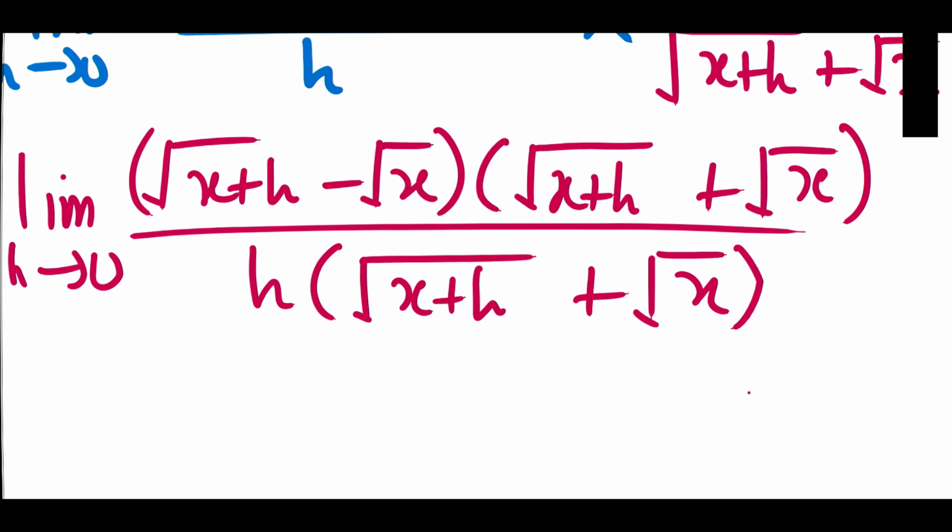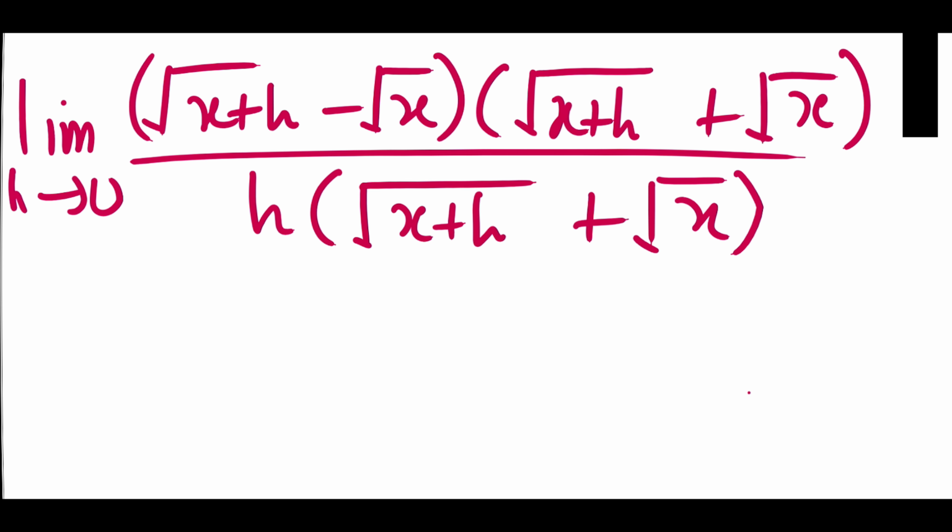Good. So you could see that when you look at the numerator, we can apply the concept of difference of two squares. Since the two expressions are the same, just that one is having a plus sign and the other one is having a minus sign.